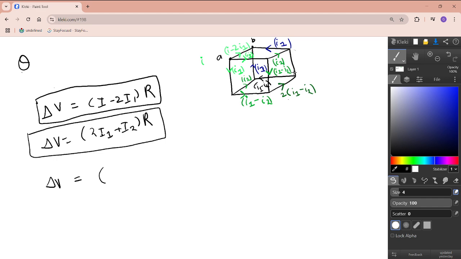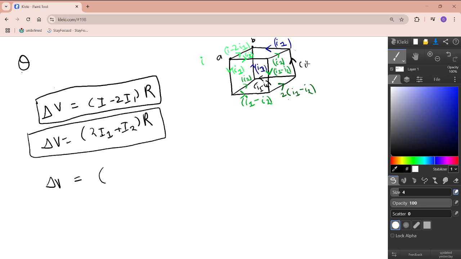I don't think we have made the configuration yet, so what current is going here? See, it's I1 minus I2 going inside. So a part of I1 minus I2 is going inside. That means the remaining part is 2I1 minus I2, right? So I1 minus I2 plus I1 minus I2. A part of it is going inside.